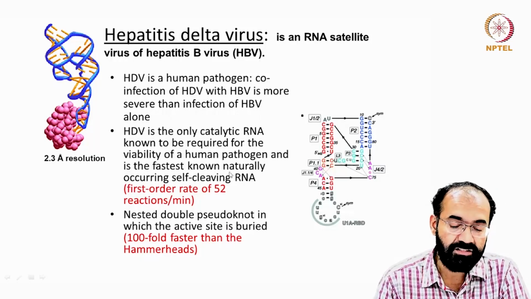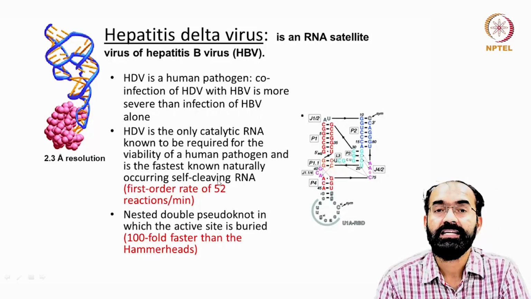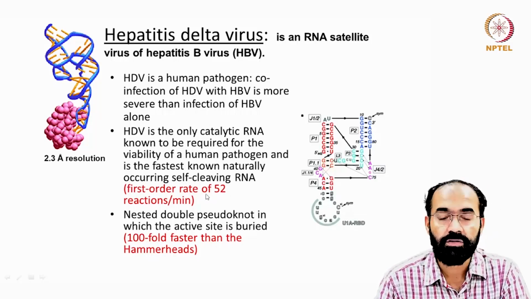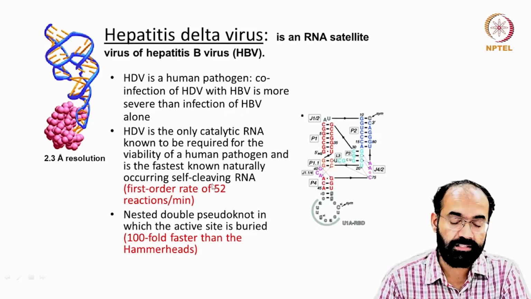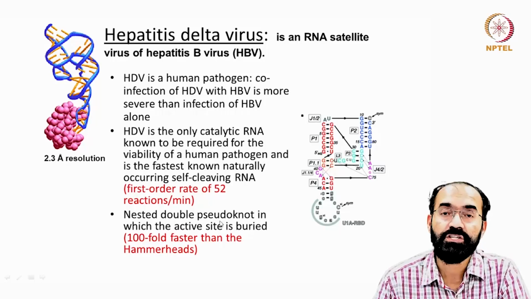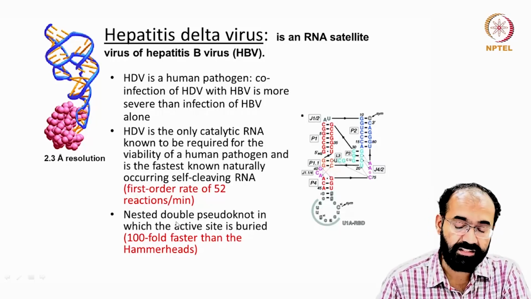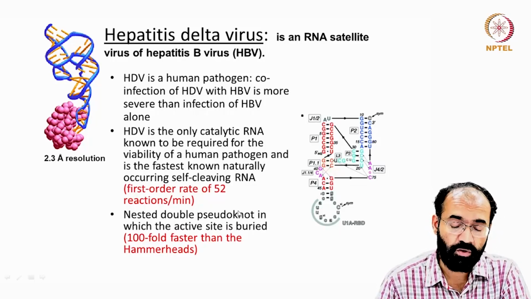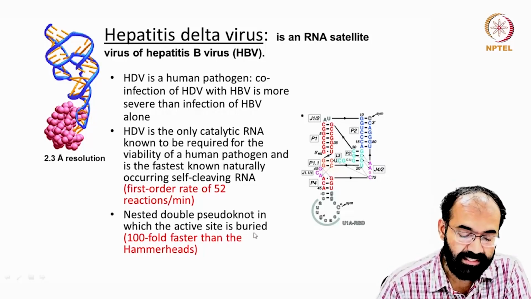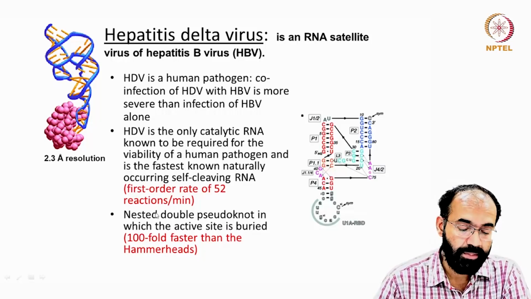It is the fastest known naturally occurring self-cleaving RNA, and its rate is around 52 reactions per minute. It's one of the fastest replication rates. And the nested double pseudoknot is the structure it follows for the breaking of the nucleic acid, in which the reactive site remains buried.